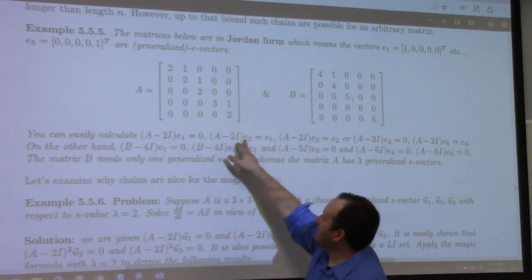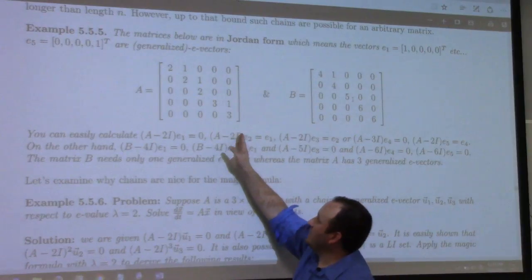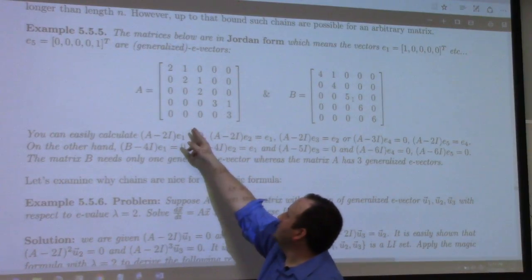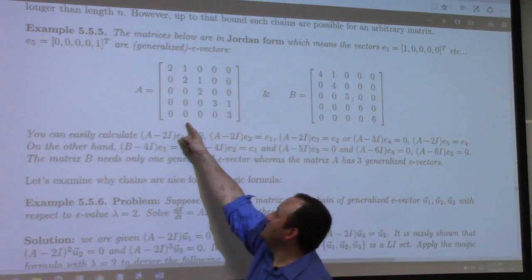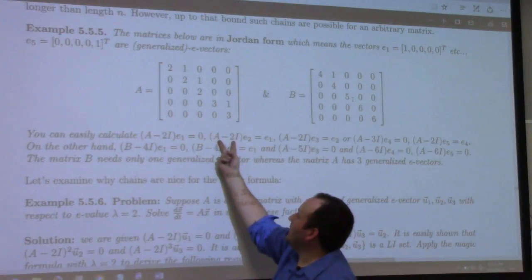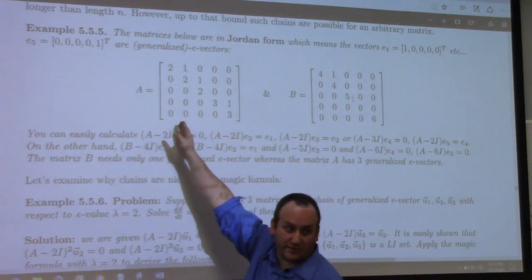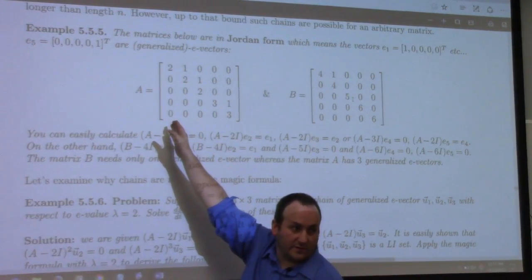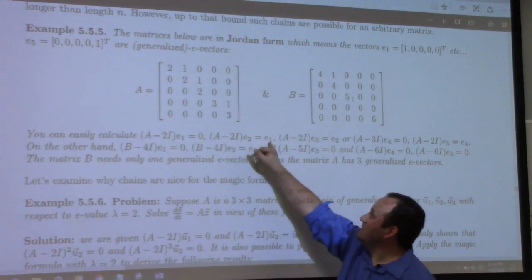So if you take A minus 2I times e2, that gives you actually the second column. When you subtract the 2I, it removes the 2 down the middle, right? If you can visualize A minus 2I in your mind, it's a matrix which has in the second column 1, 0, 0, 0, 0. So that's the second column of this matrix.